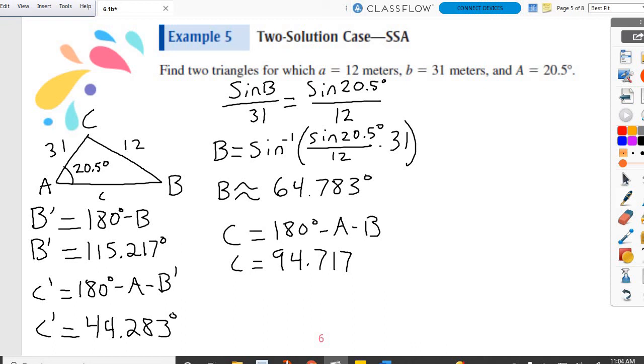But their setups are going to be very similar. So I have little c divided by sine of our first big C, which would be 94.717 degrees. And which ratio do we want to set that equal to? A, because that was our given. So we would have 12 divided by sine of 20.5.